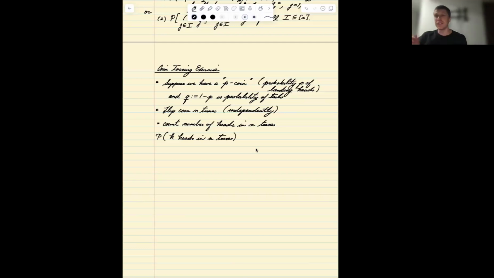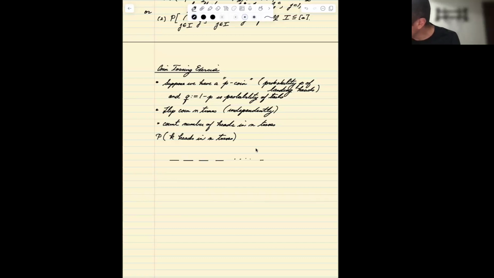We should be able to do this now. Okay, let's think. We've got n tosses and we want to have k heads. We don't care what order, we just want k. Okay, so how do we do this? Well, we've got independence, which is nice.